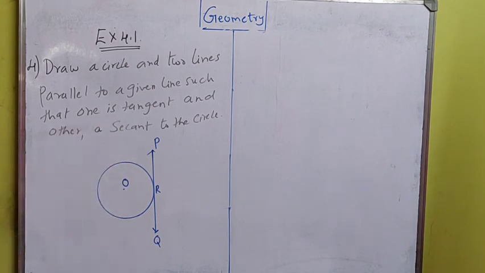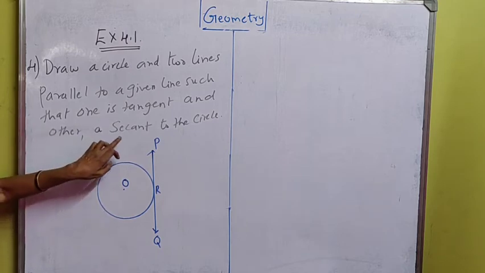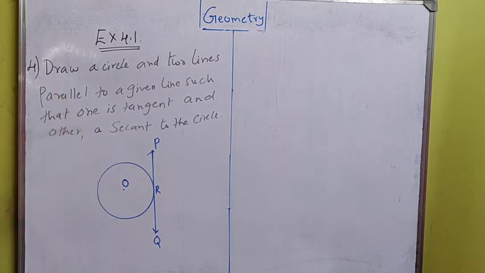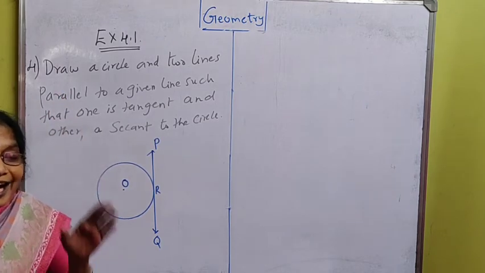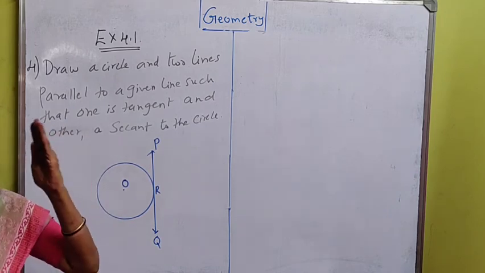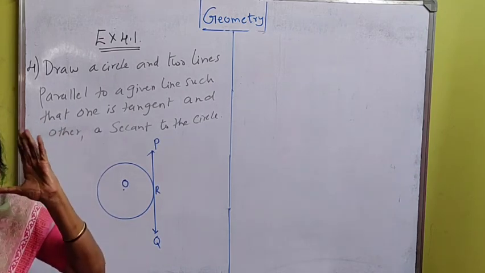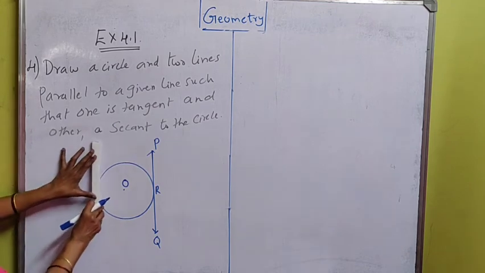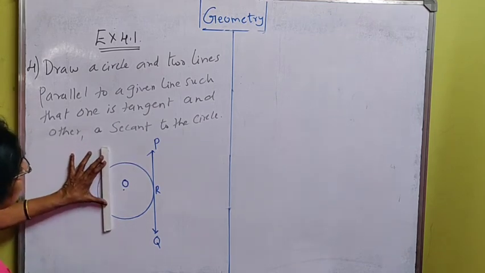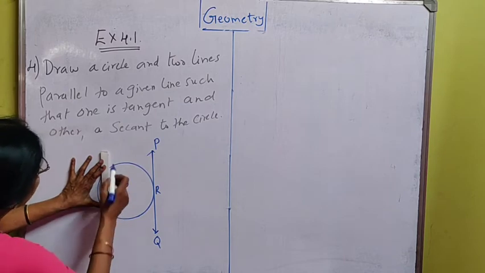This is the given line. For this given line, you have to draw another line which becomes a secant and it should be parallel. Just now I told you what a secant means: a line drawn to the circle which intersects the circle at two distinct points. So this is the other line which I am going to take.